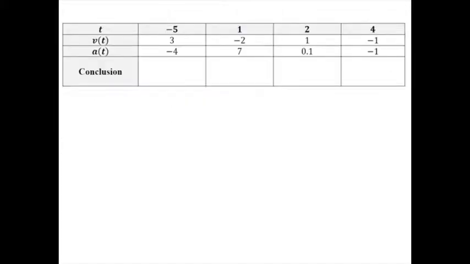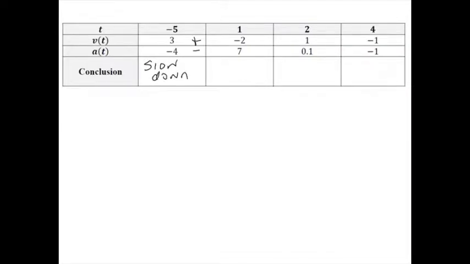So let's take a look at an example where we have velocity and acceleration for 4 values of t. We want to know, is the particle slowing down or speeding up? What I do is I look at the signs. 3 is positive, 4 is negative, so because they have different signs, they're slowing down.